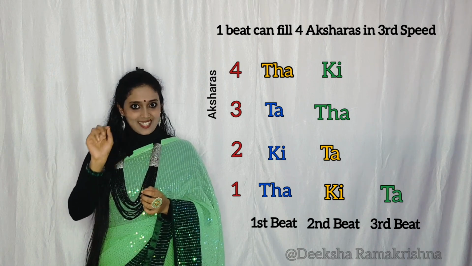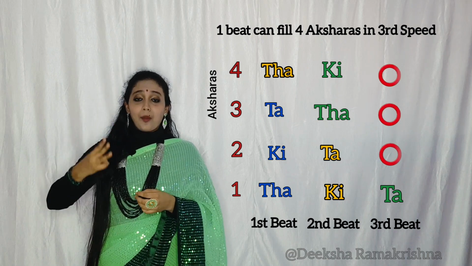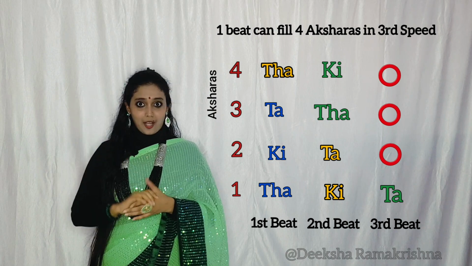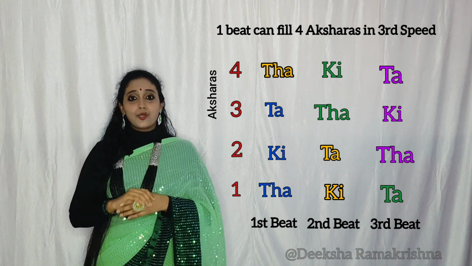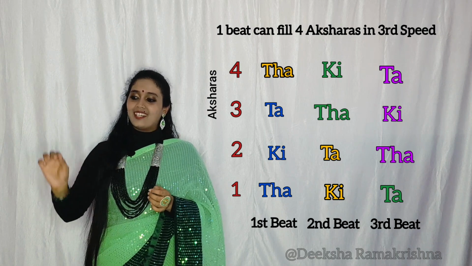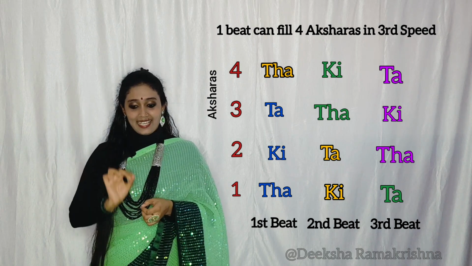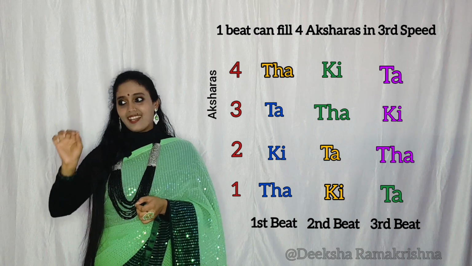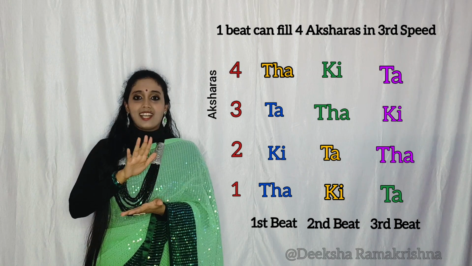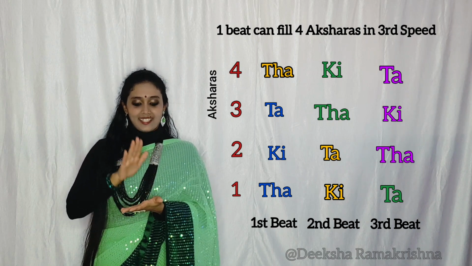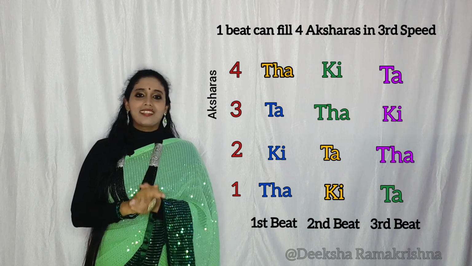So ta is left out. We start with ta, and we have 3 complete spaces left for the entire takita to be filled in. So we can do ta, ta, ki, ta, right? So let's sing it together. Takita, takita, takita, takita, takita, takita, takita, takita, ta.